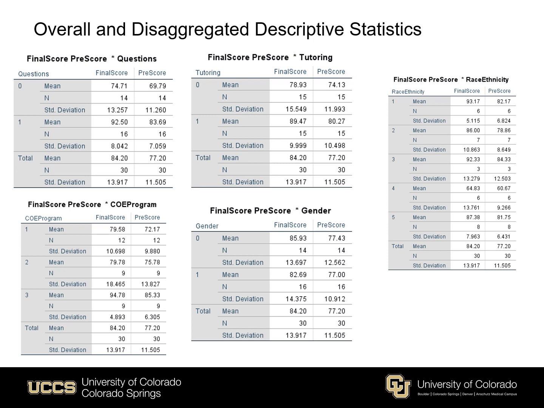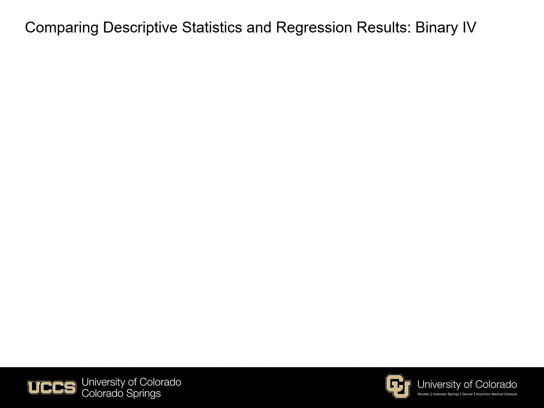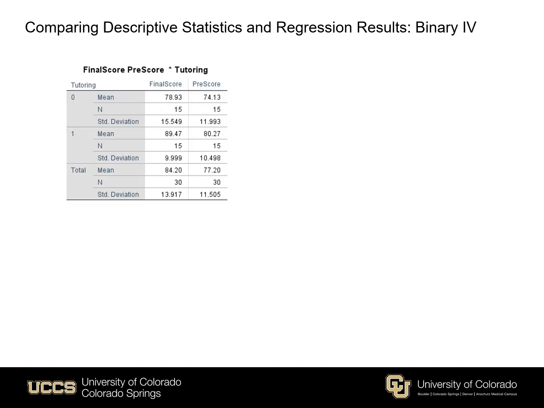Once you've clicked OK, you should have in your SPSS output a set of disaggregated descriptive statistics, like the ones you see on the slide. For the purposes of this discussion, I'm going to highlight the table in the middle that disaggregates final score and pre-score by the tutoring variable. So here again is that table.